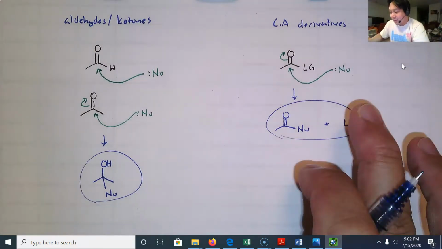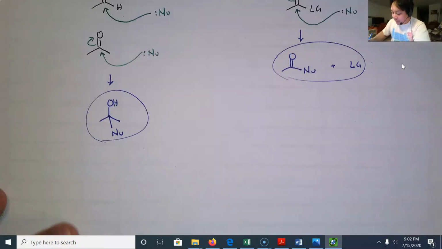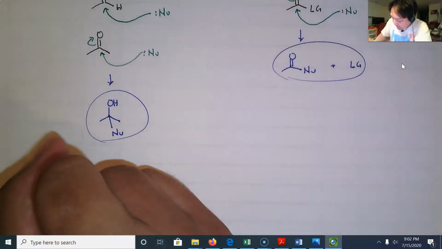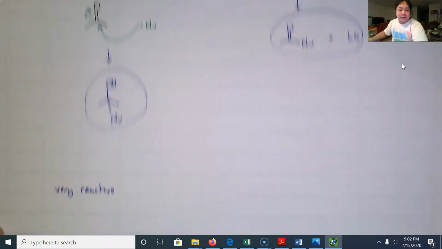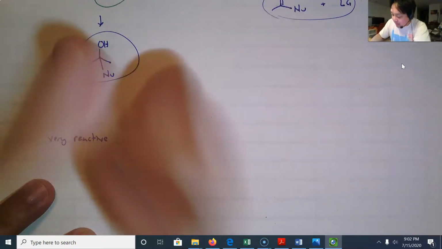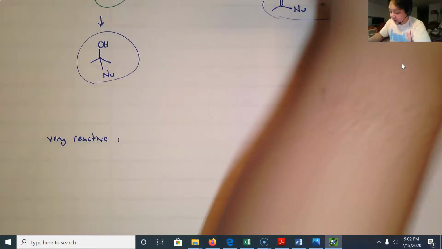Let me show you the two general pathways. If you are very reactive, and what are the reactive derivatives? The first two on top of the hill, chloride and anhydride. Those are very reactive.